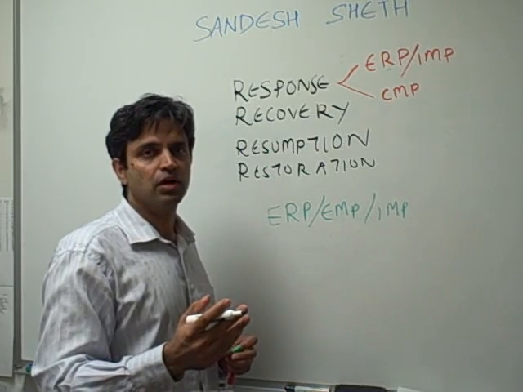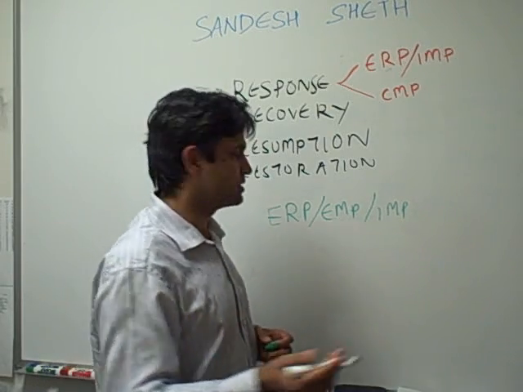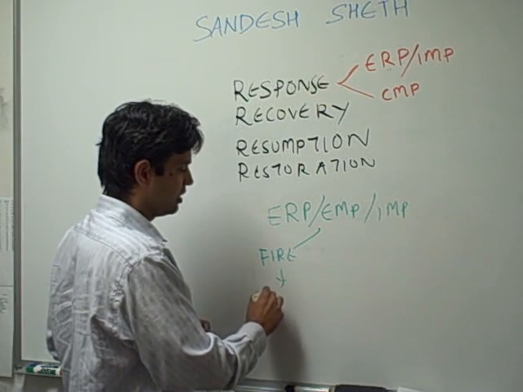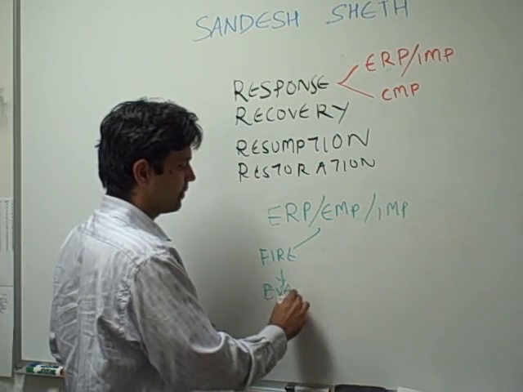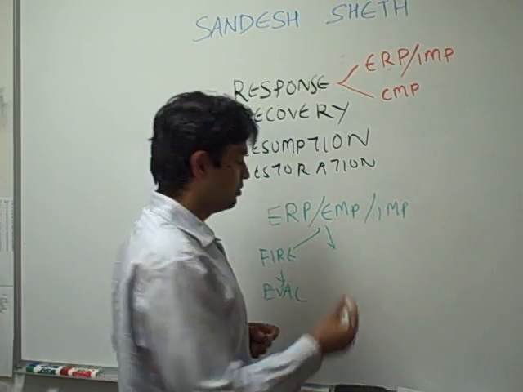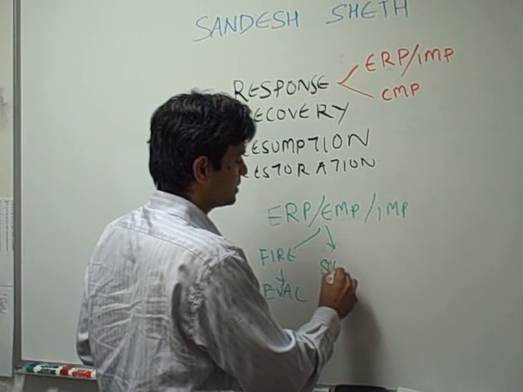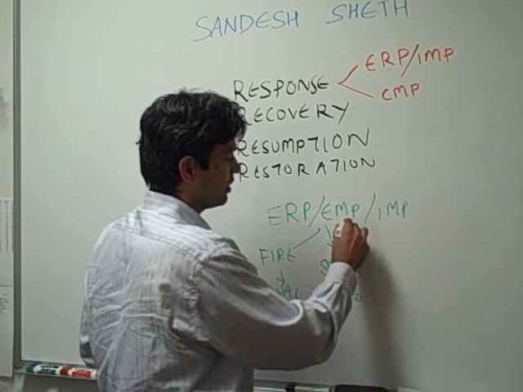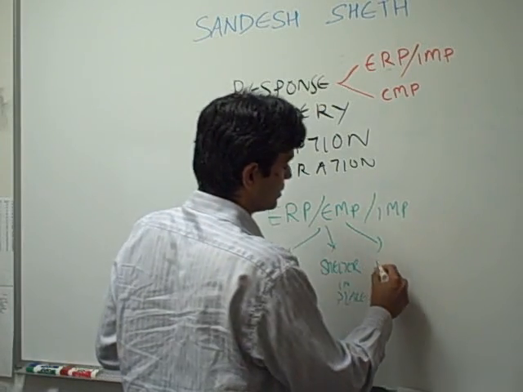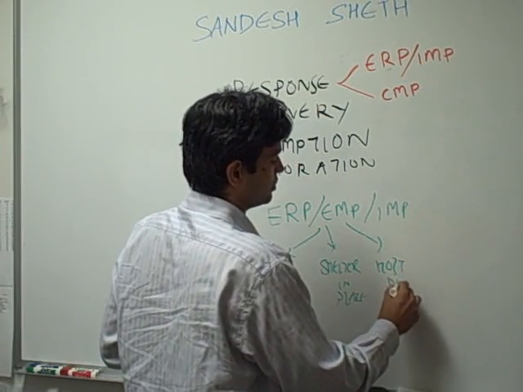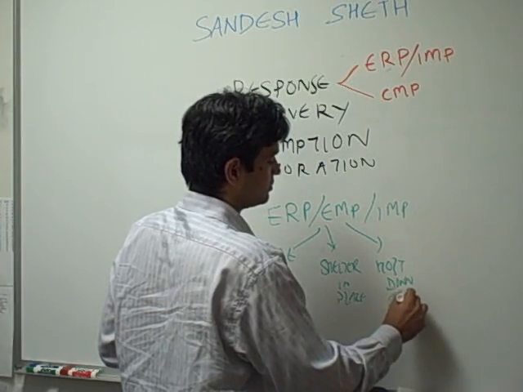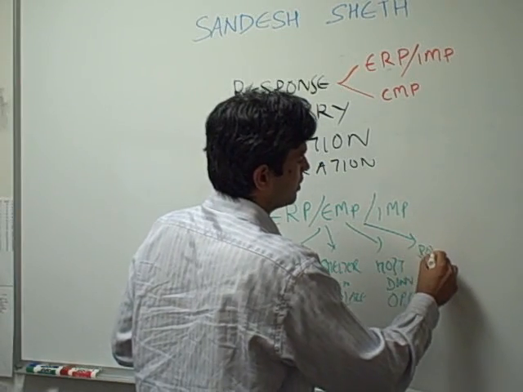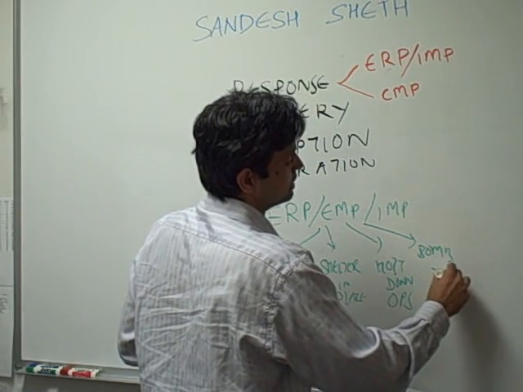This would cover all the kinds of incidents, for example, fire and hence evacuation, a tornado and hence shelter in place, hostage situations, a bomb threat coming in, and so on and so forth.